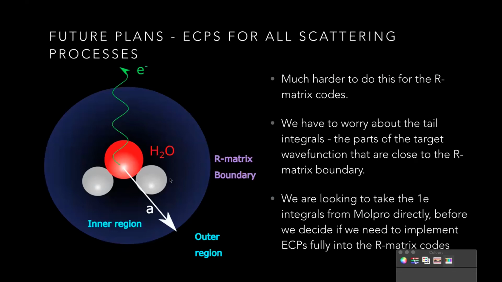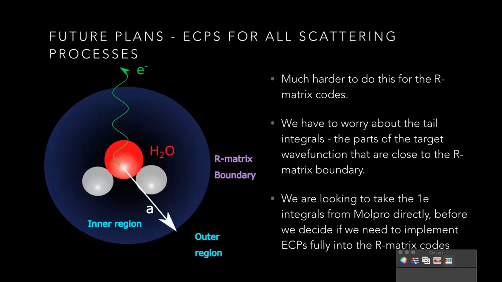And basically where it's going to show up is when we try to get rid of our tail integrals. So we have to confine the target to the inner region. Normally our integrals are expressed for the target over all space. So it's how do we make sure that either the ECP is just nowhere near the target boundary, or how do we have to start accounting for that in the maths of what happens to these integrals.